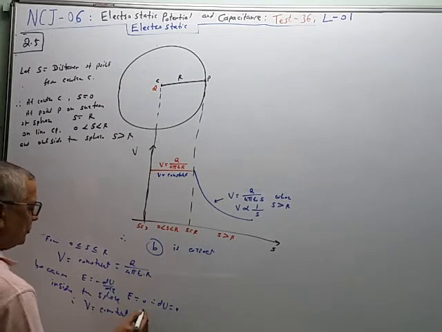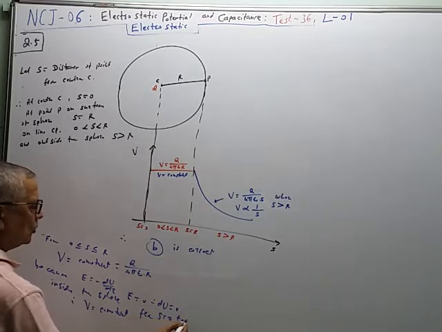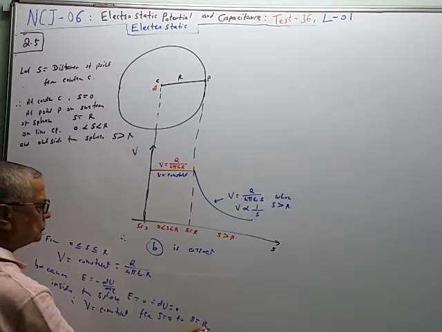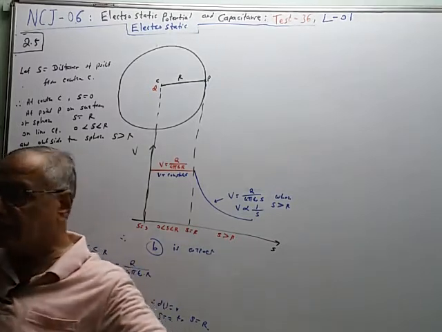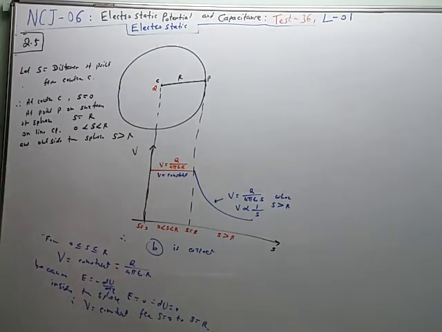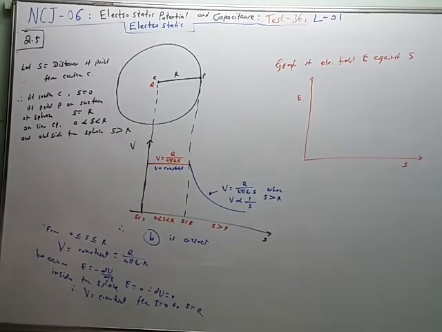V is constant from S equal to 0 to S equal to R. So this is the correct representation. Now we will add one more point.